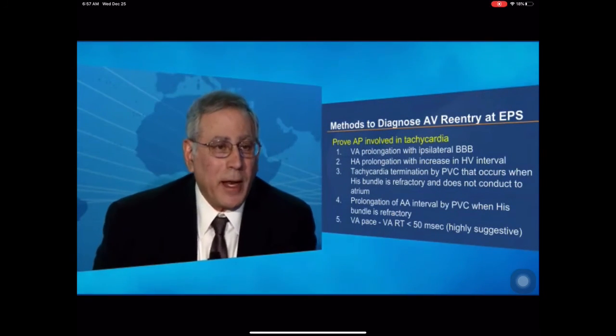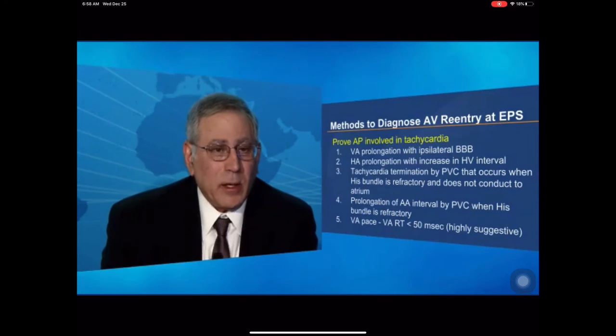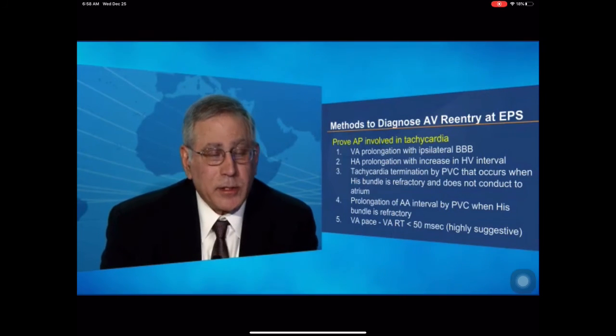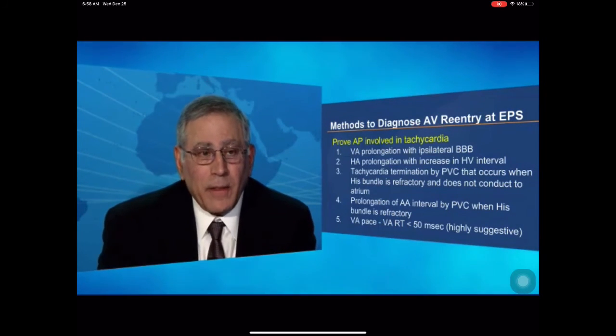If you terminate a tachycardia like we just did with a PVC that occurs when the His bundle is refractory and does not conduct to the atrium, that's another proof.